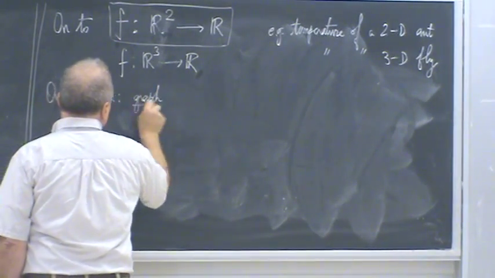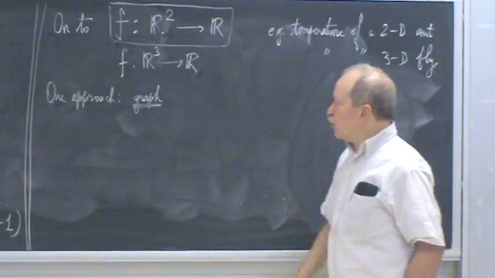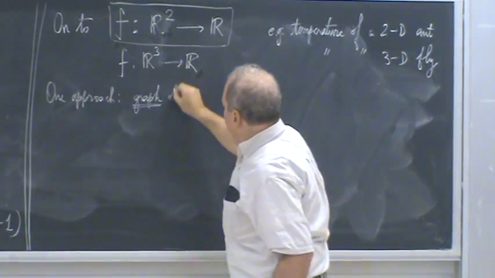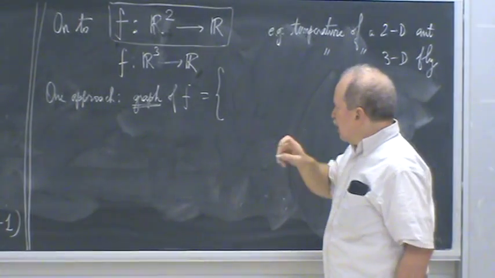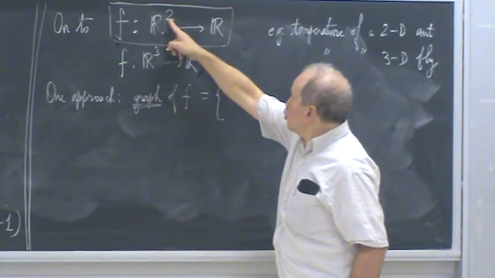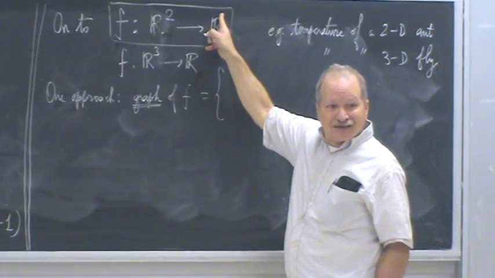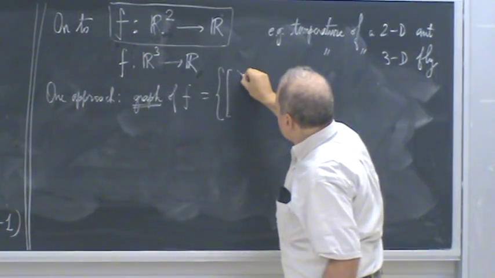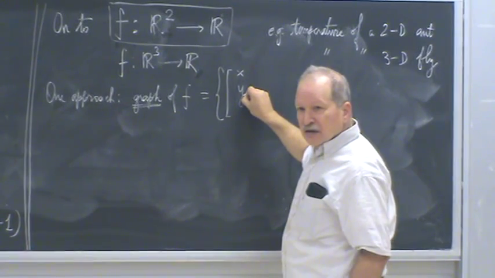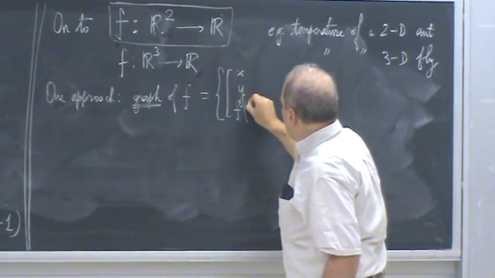Remember we talked about the notion of a graph yesterday. We can look at the graph of f, and that's going to be the set of points in R2 plus 1 that look like x, y, and then f of x, y.